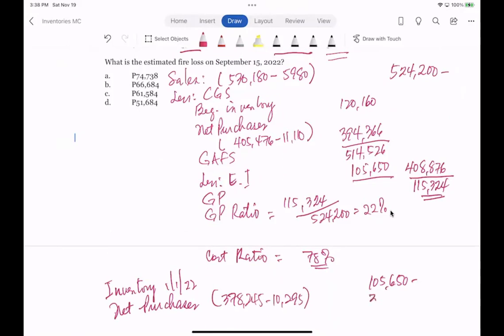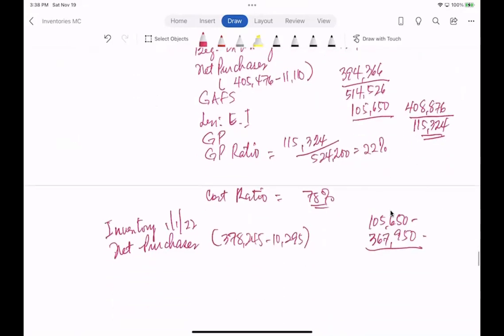So that is 367,950. So our goods available for sale is 473,600.